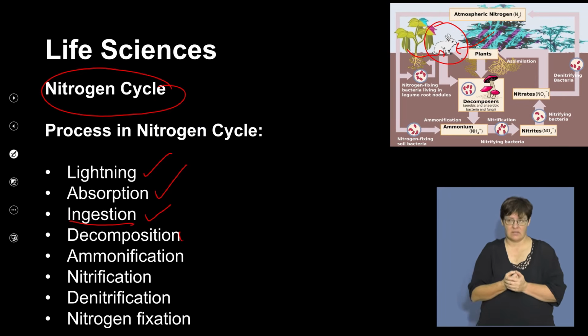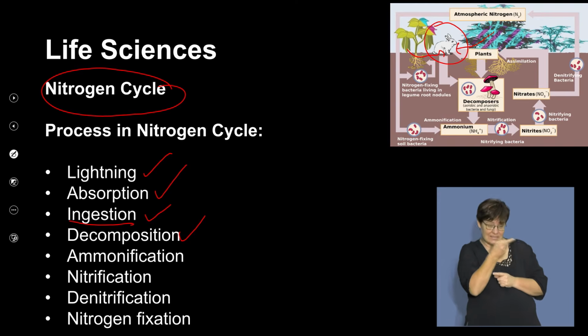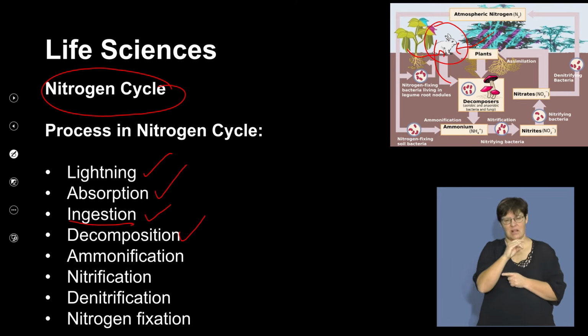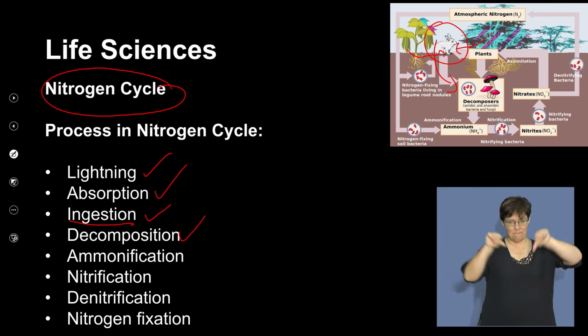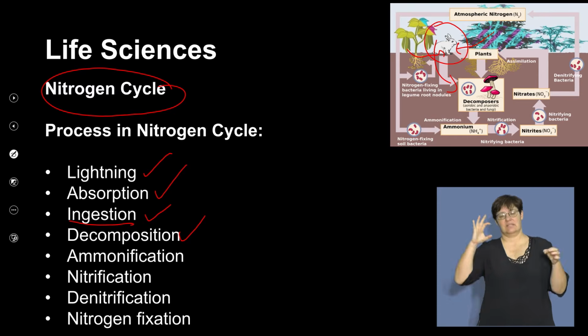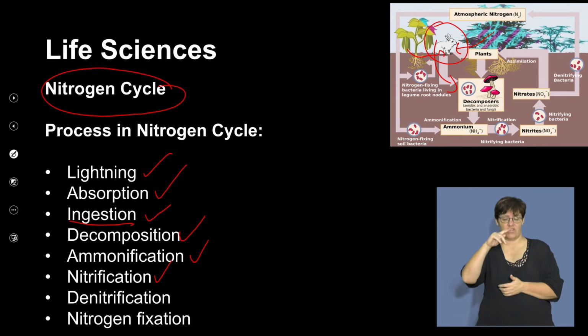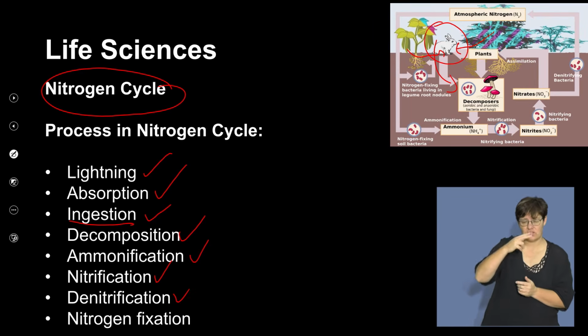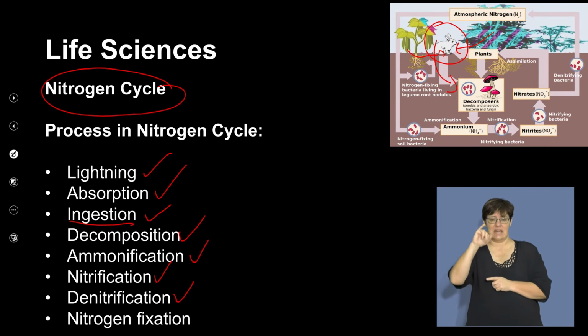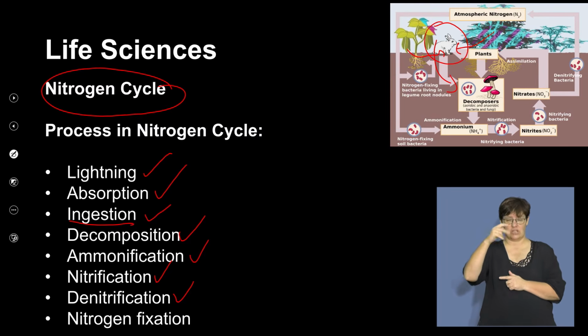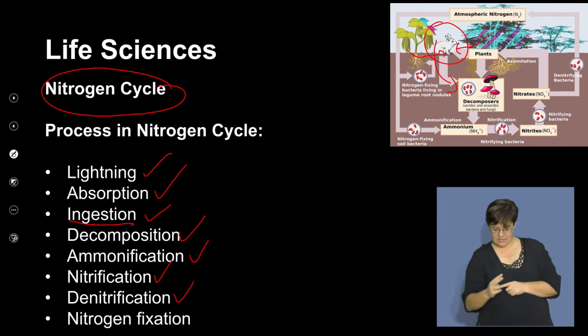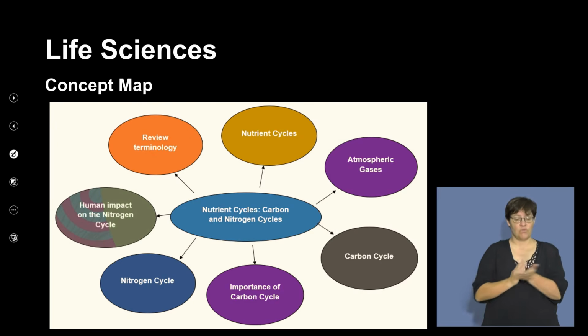We know that all our consumers, which would be the animals, at some point undergo decomposition when they die, and that process also releases nitrogen. Chemical processes such as ammonification, nitrification, and denitrification are important in cycling the nitrogen from one level to the next. We also know that there's nitrogen fixation that occurs through these bacteria.